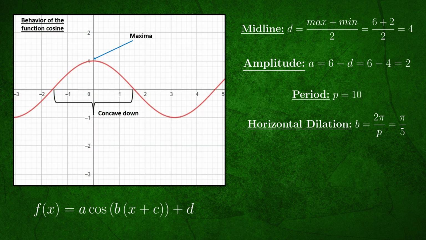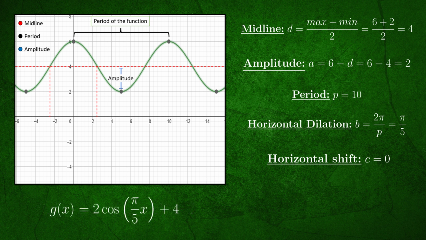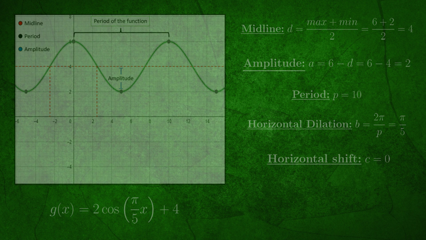In general, the function cosine of x reaches its maximum at x equals 0. And we're going to take this as a reference because our particular case reaches the maximum at x equals 0 as well. Therefore, this function hasn't suffered any type of horizontal translation. Thus, the value of c, if we think of it in terms of cosine, must be 0. Therefore, the sinusoidal function in terms of cosine is as follows.